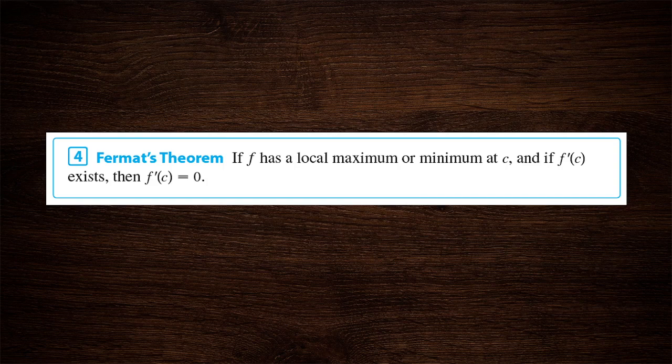So by definition, Fermat's theorem says: if the function has a local maximum or minimum at, let's say, c, and if the derivative exists there, then we could say that the derivative of f at c is equal to 0.